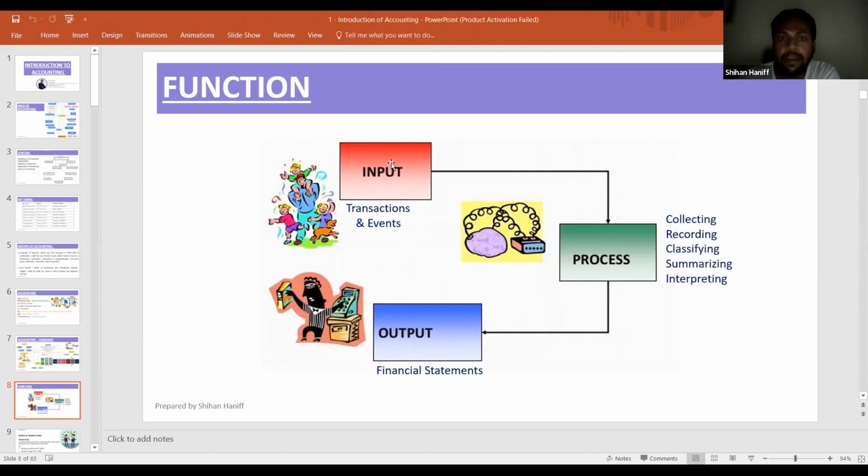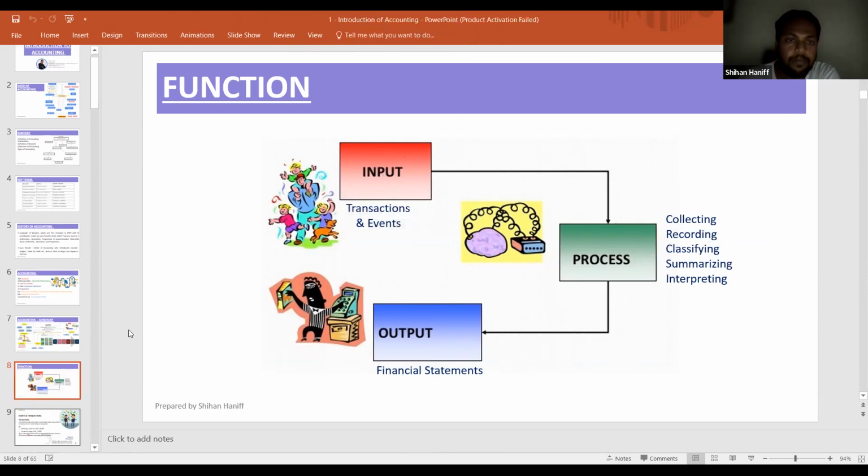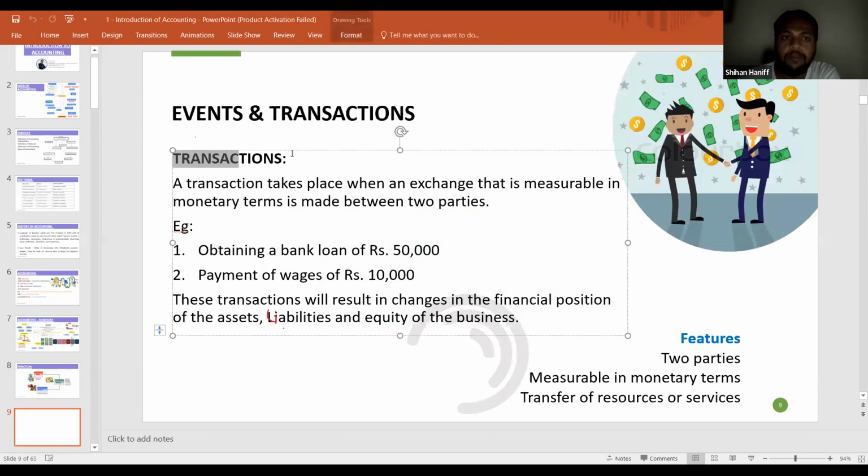Sometimes they might ask you, what is meant by a transaction? What is an event? What is the difference between these two? So let's see what is meant by a transaction. It is an exchange that is measurable in monetary terms, made between two parties.